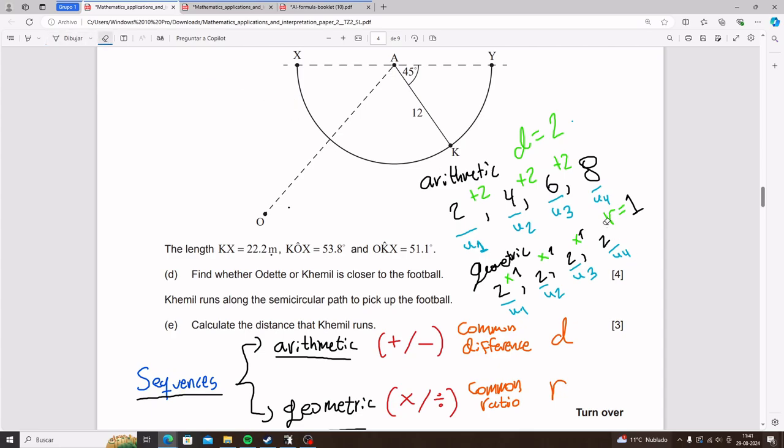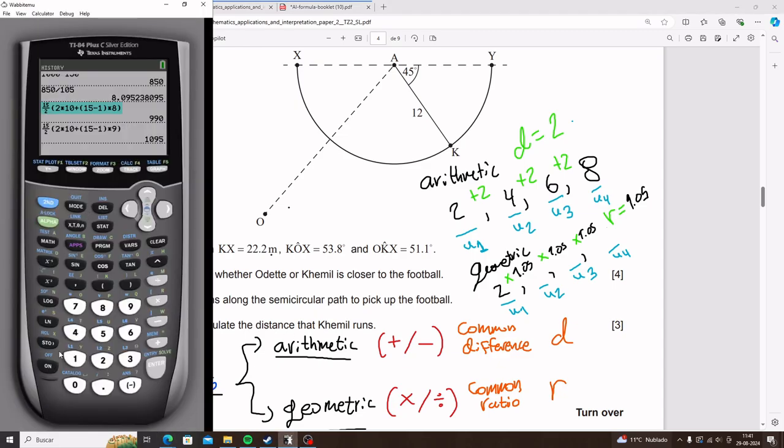However, if you change it just a little bit from around 1, ¿cierto? So if you change it from R equals 1 to R equals 1.05, well, what happens now? Each time you're multiplying by 1.05. Let's fill it in and see what happens. The first term is 2.